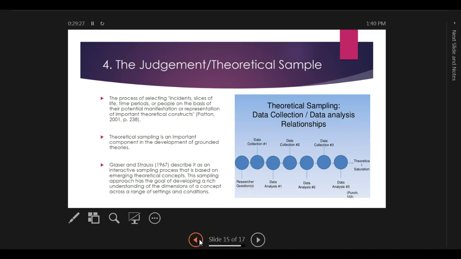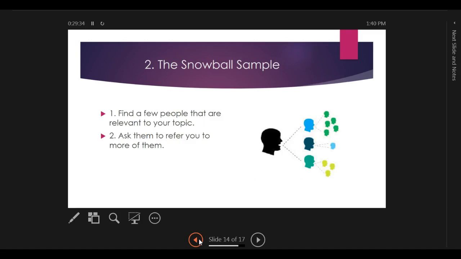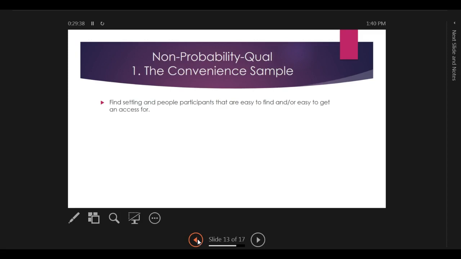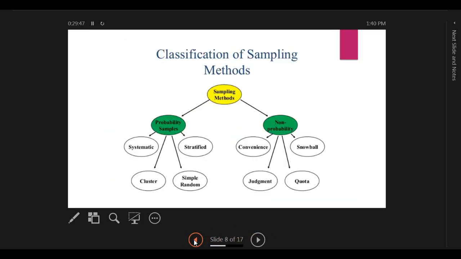So theoretical sampling, quota sampling, which means I'm following a specific quota number. Snowball, one participant is referring the other. And convenient or convenience sampling, because they're convenient. So if we go back to this picture, we know now that there are 2 kinds: probability sampling for quantitative and non-probability sampling for qualitative.